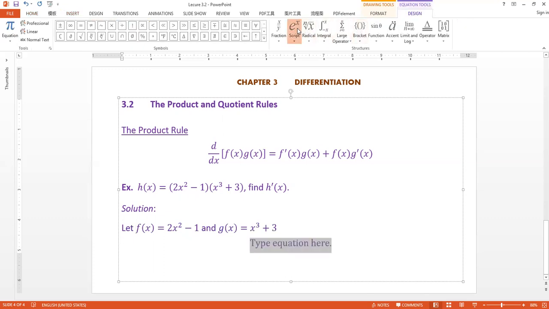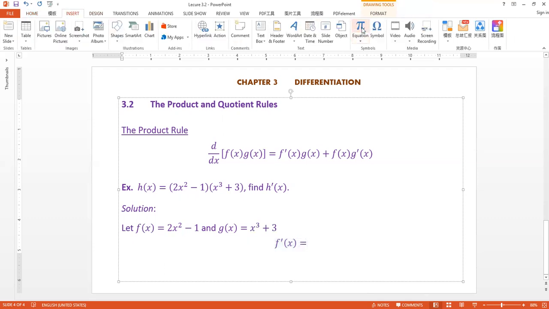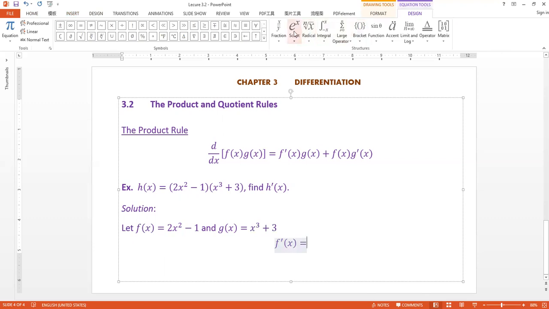So f prime of x is equal to the derivative of 2x squared minus the derivative of 1. Okay, so again, we just do the problem step by step, or term by term.